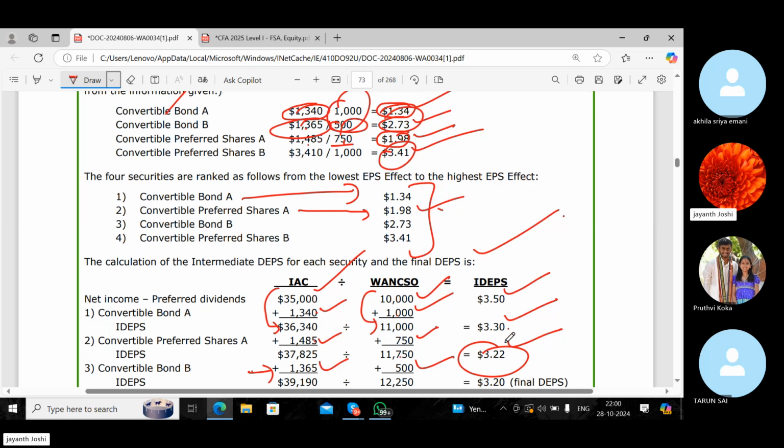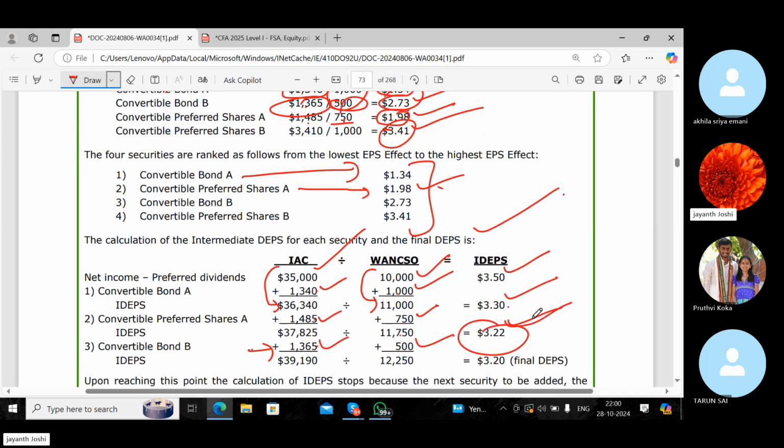We got the diluted EPS. Okay, and then we took the convertible bond B, 1,365 and 500. But if you go beyond this, let's check what is going to happen. 3,410 you're getting and 3.21. Yeah, so that is anti-dilutive. So we have to stop here.